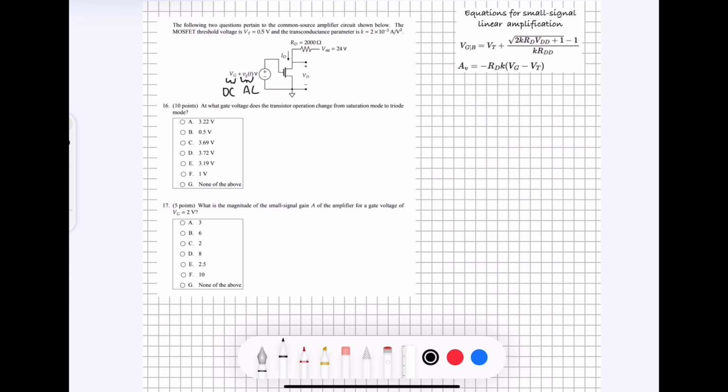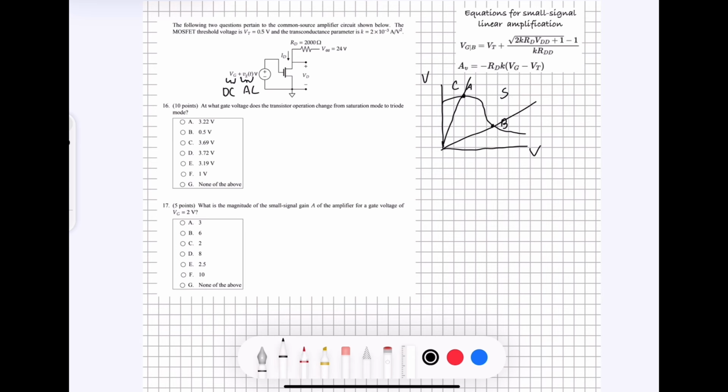So question number 16 is going to ask us, at what gate voltage does the transistor operation change from saturation mode to triode mode? And for this one, we want to use our first equation up here, because that's going to give us the gate voltage at B. And in this situation, if you remember our voltage versus voltage graph, we've got point A here and point B here, and this is the cutoff region, this is the triode region, and this is the saturation region in here.